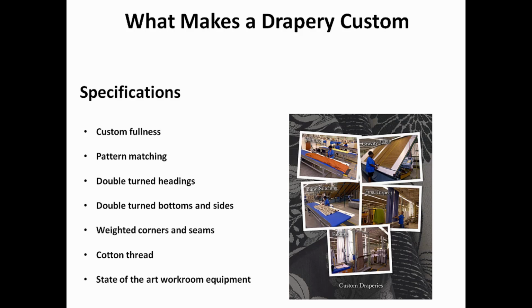Pattern matching, double-turned headings, double-turned bottom hems and sides, using weights at the corners and seams, using a quality cotton thread, and most of all, manufacturing in a state-of-the-art workroom utilizing some of the nicest and most modern equipment in the industry today. So what I'd like to do is take you through some of that.